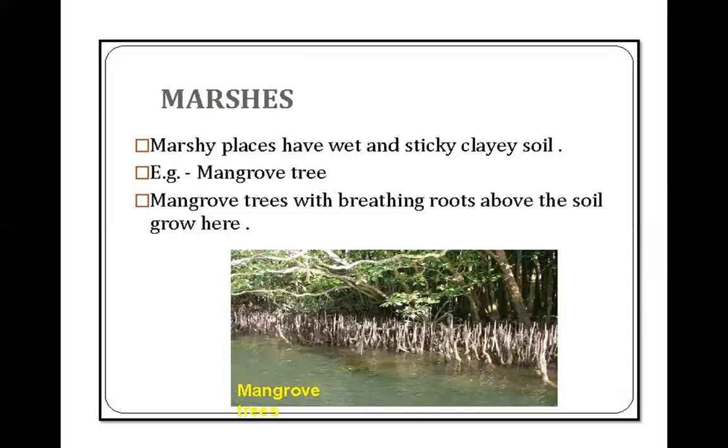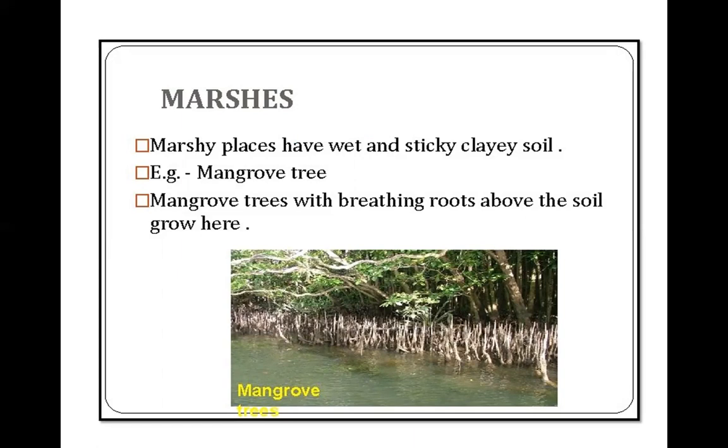Now the plants that grow in the marshy area. Marshy areas have clay or wet soil. In this, water does not drain out from the soil. The soil becomes very damp and it lacks air. Trees in marshy areas remain submerged in water. Their roots do not get enough air.